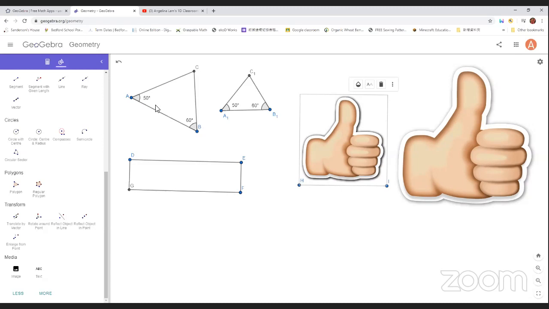Now there's the case that if you still remember, I said AAA cannot be used for talking about congruent triangles, right? And therefore, let's see. I need a pen.